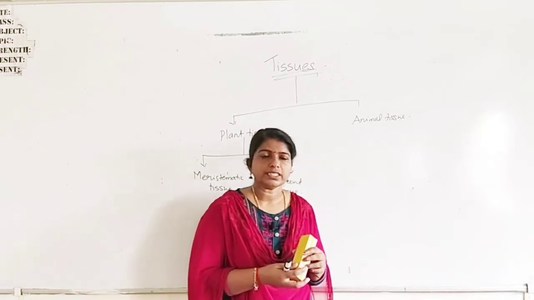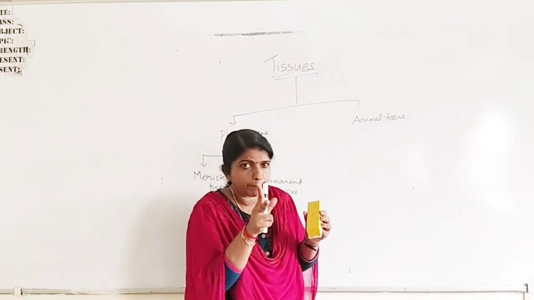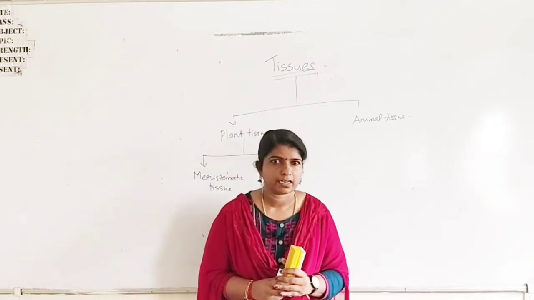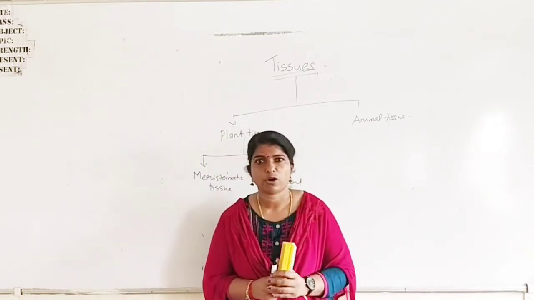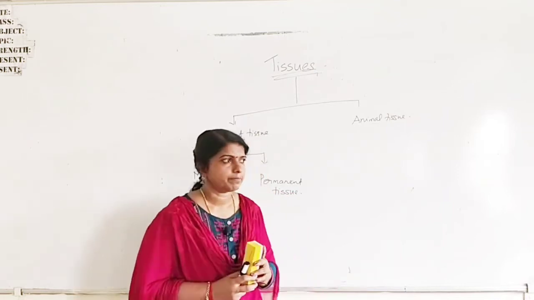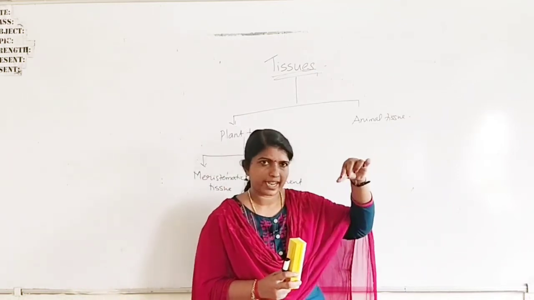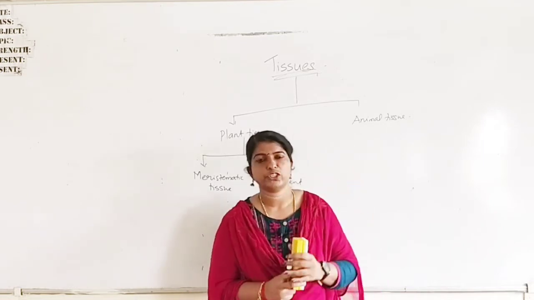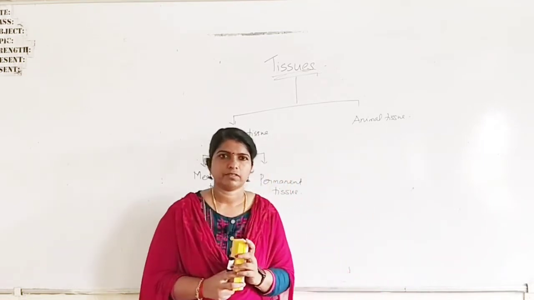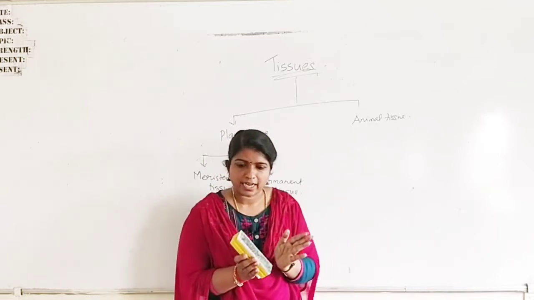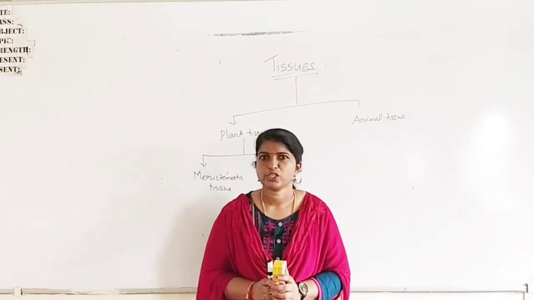Just cut the tip of the roots and keep it there and observe again whether it is growing or not. Otherwise, just remove the tip of a plant, the apical region, and observe whether it is growing. Normally, it stops growth there and the lateral branches will arise.